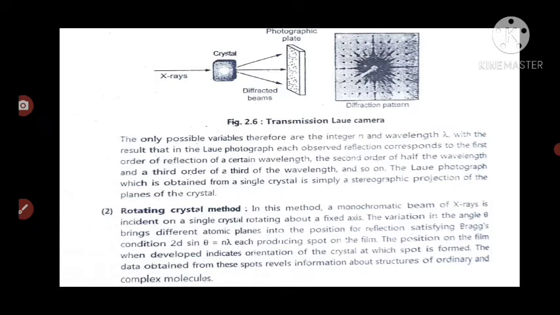According to this, the position of the spots produced on the developed film indicates the orientation of the crystal at which the spot is formed, and the data obtained from the spots reveals information about the structure of complex molecules.